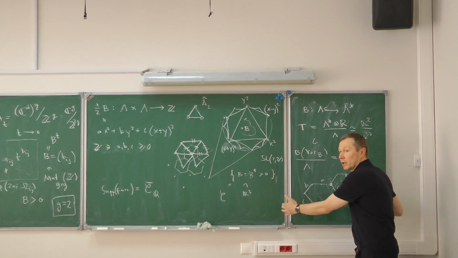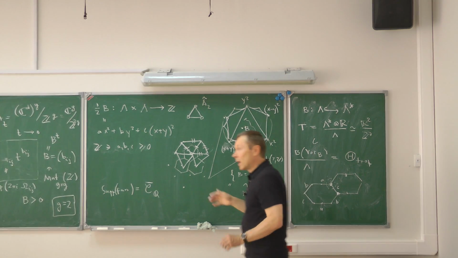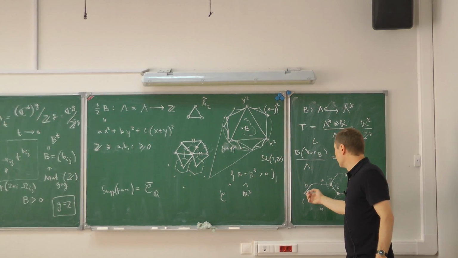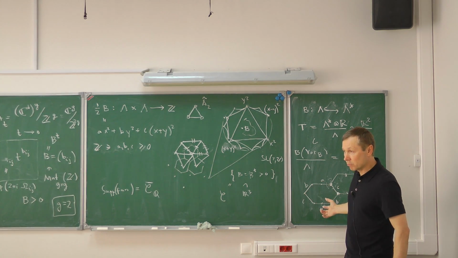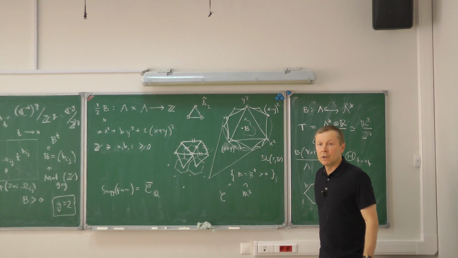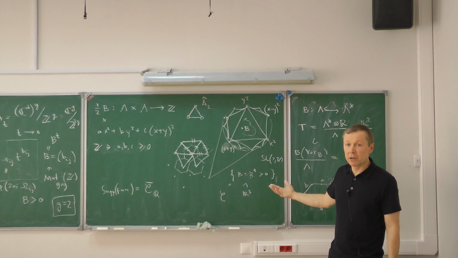That will just change the lengths. Algebraic degeneration will only correspond to the cases where A, B, C are integral. But if you vary them continuously as real parameters, then there will be some symplectic varieties instead of algebraic ones.